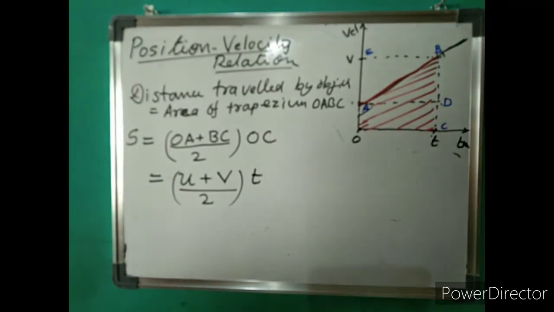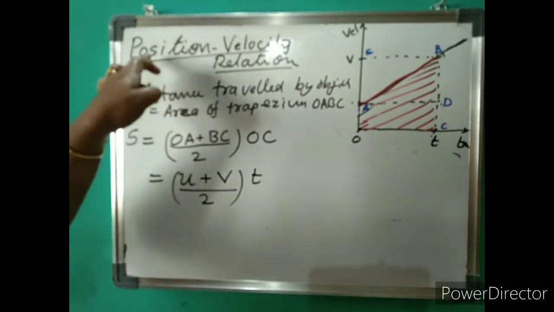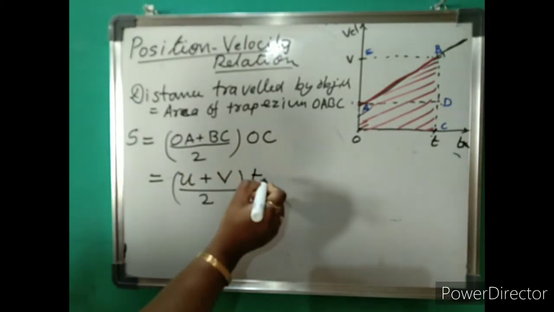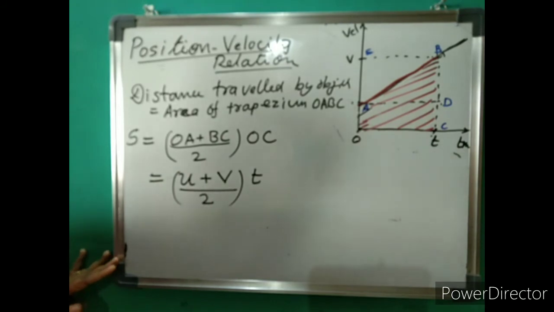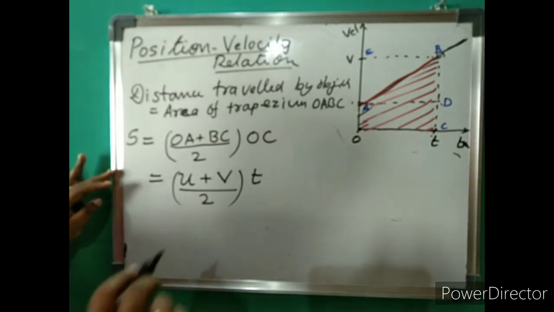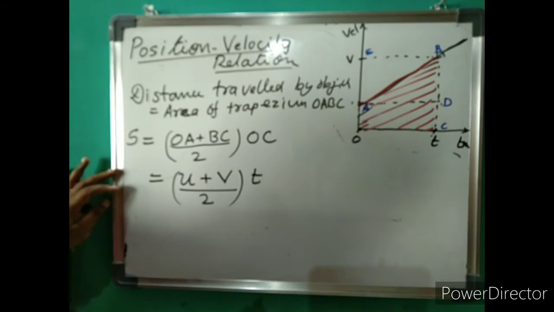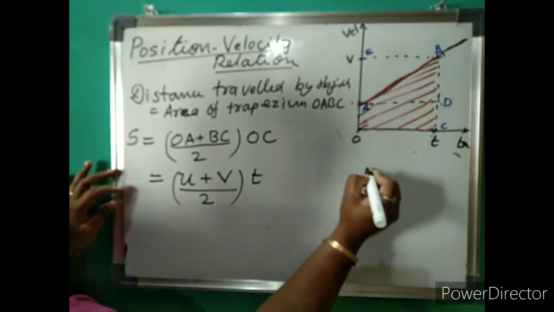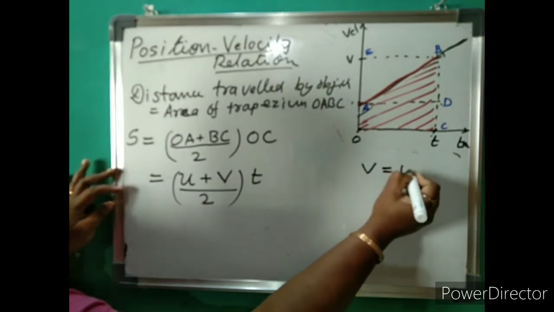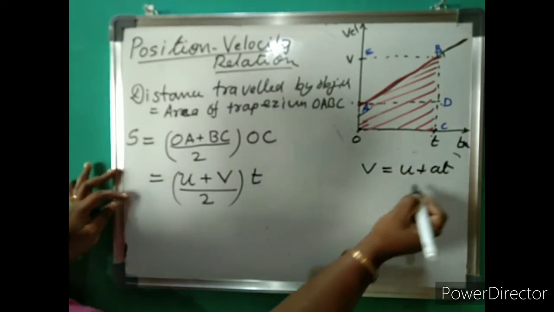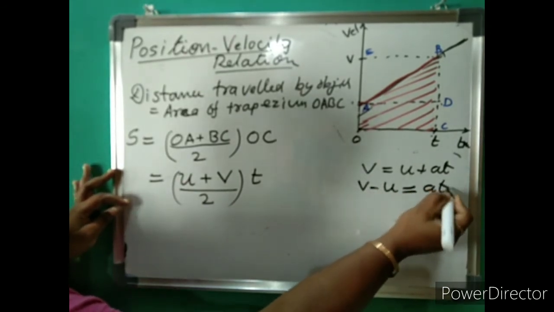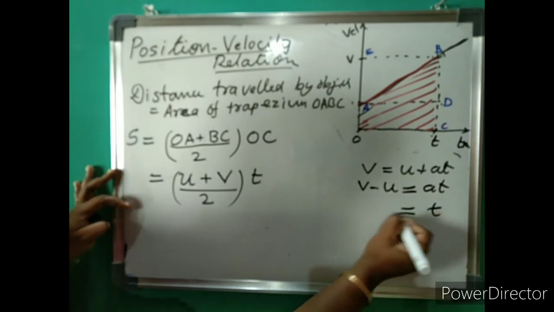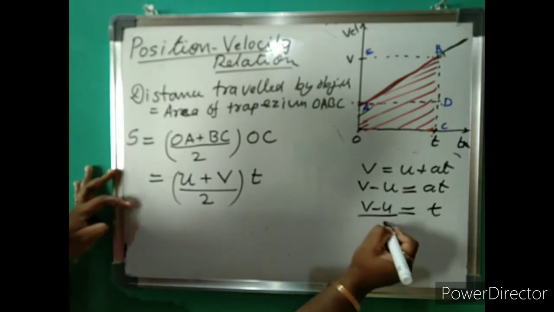Here we are finding the relation between position and velocity, so we want to remove the time t. From equation 1, the velocity time relation, v is equal to u plus at. From here, v minus u is equal to at, so t is equal to v minus u divided by a.